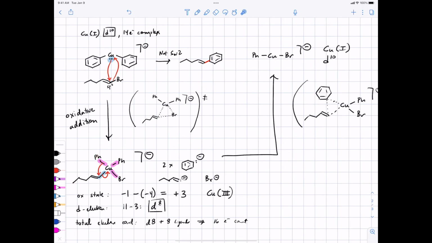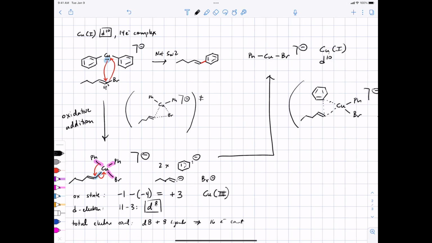In making the new bond between the sp2 hybridized carbon of the phenyl group and the sp2 of the alkene, copper gets 2 electrons back. We go back from d8 to something that's d10. This is called reductive elimination. So this is sort of the reverse of oxidative addition. It gives us our new carbon-carbon bond, but it returns copper to the original oxidation state.